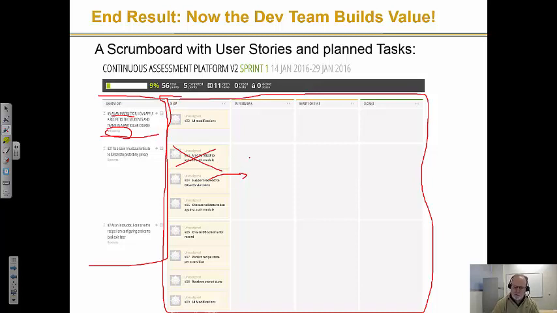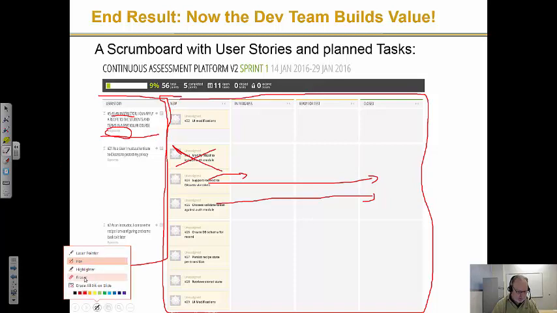There's all kinds of theories of what the best way to move tasks. I mean, basically the goal is to complete tasks, move them across the board, and when all the tasks for a particular story are done, let me get rid of this. Oops, that's supposed to be my eraser.